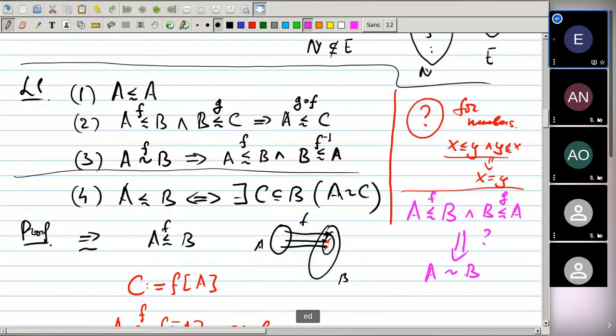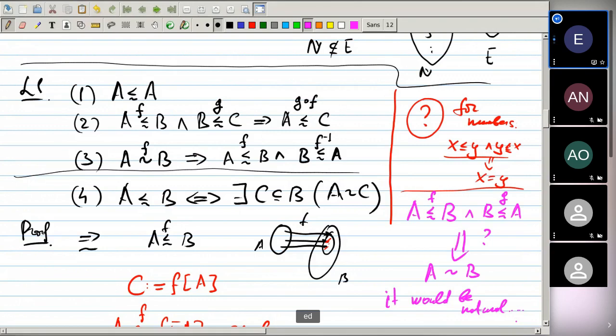It is very intuitive to think so, because if A has no more elements than B, and A has no less elements than B, they must have the same number of elements. Is it expectable? Yep. So it would be natural, but can we prove it?